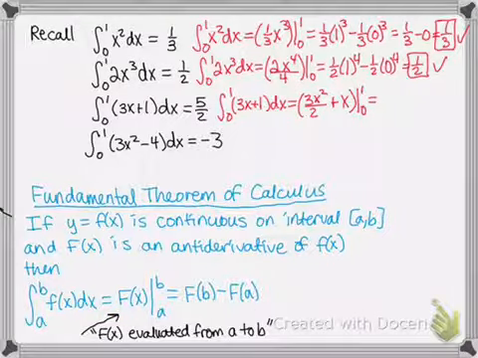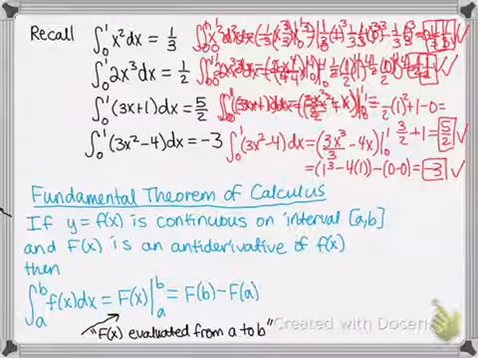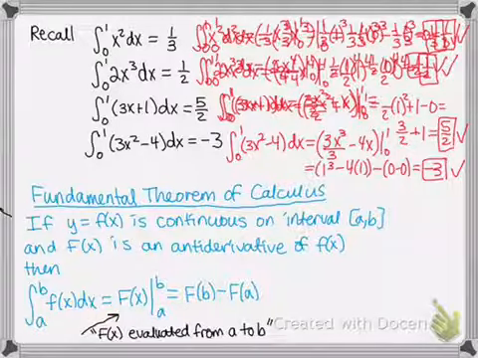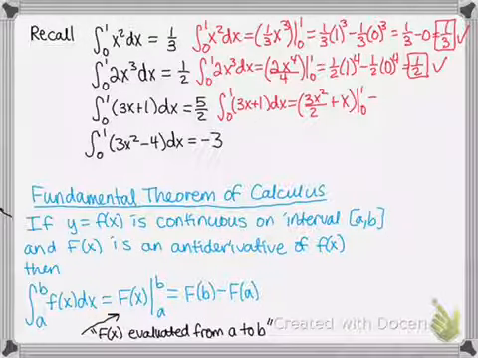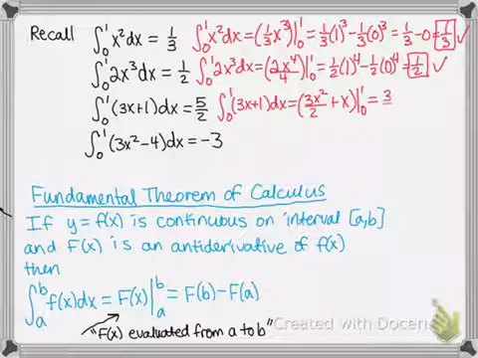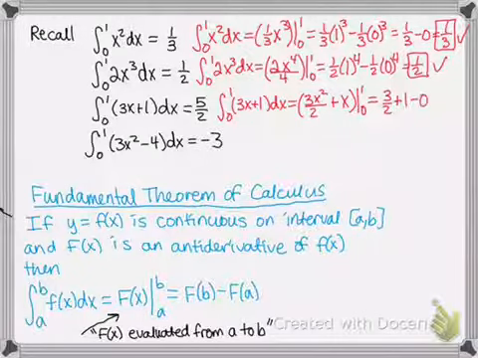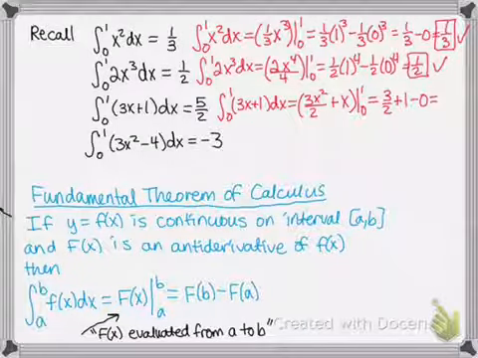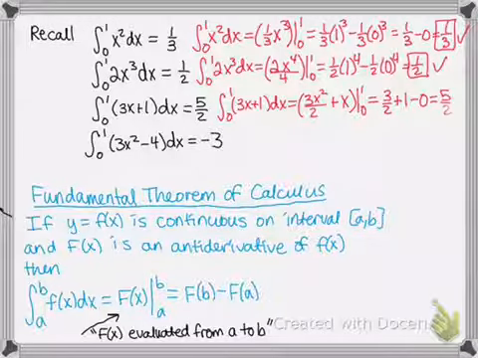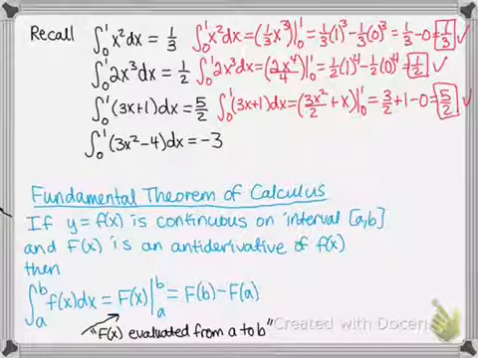We substitute in 1 first. So we get 3/2 plus 1, and then subtract when we substitute in 0, which gives 0 for both terms. Once you simplify, we get 5/2. Things are looking good.